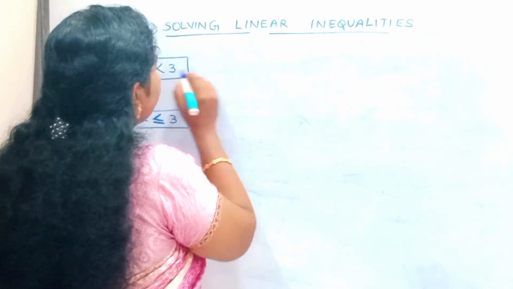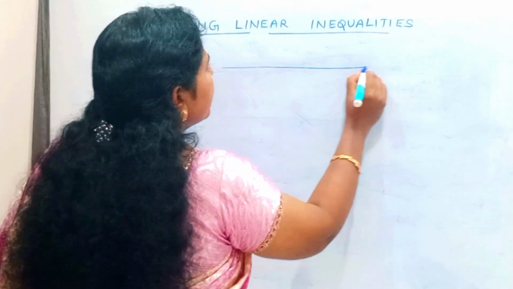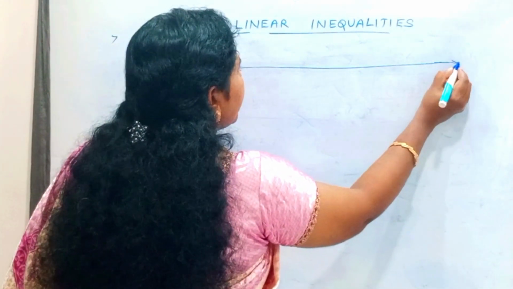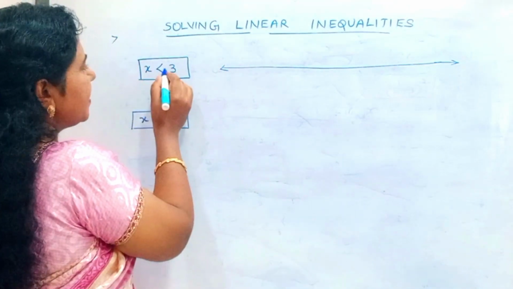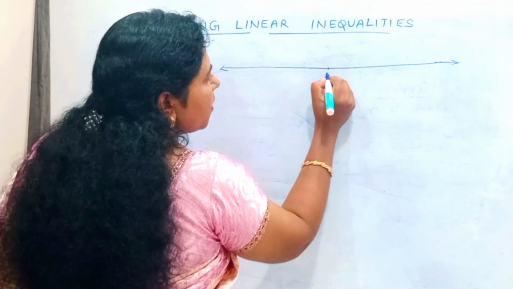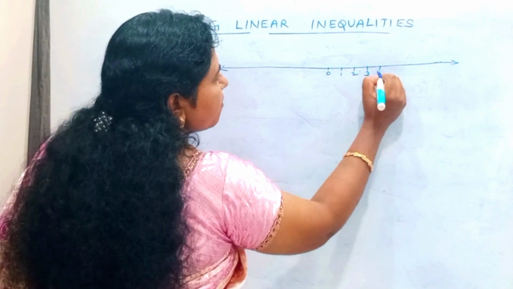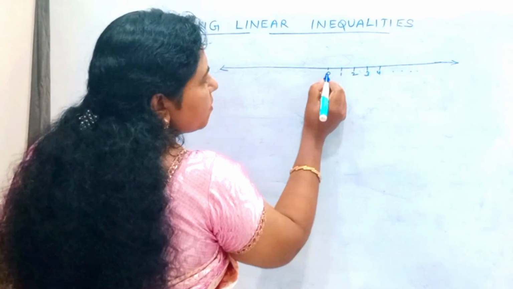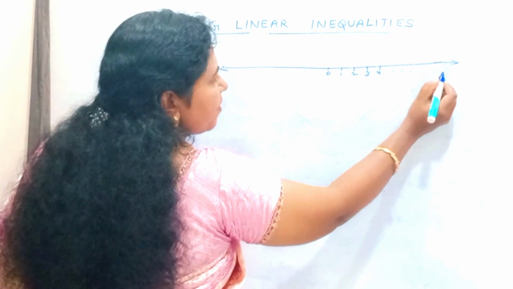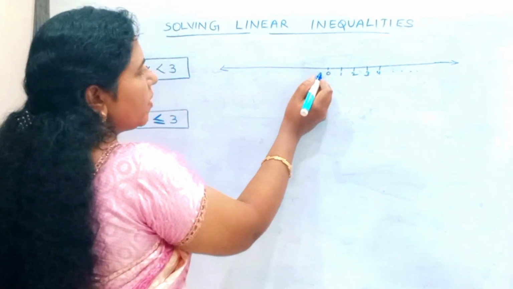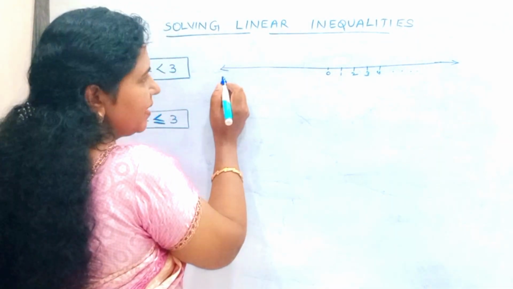Okay, so now for the first relation, when we are drawing the number line, x is less than 3. So here it is 0, 1, 2, 3, 4, it will be going on. So 0 on the right hand side will be having all the positive values. On the left hand side will be having all the negative values.